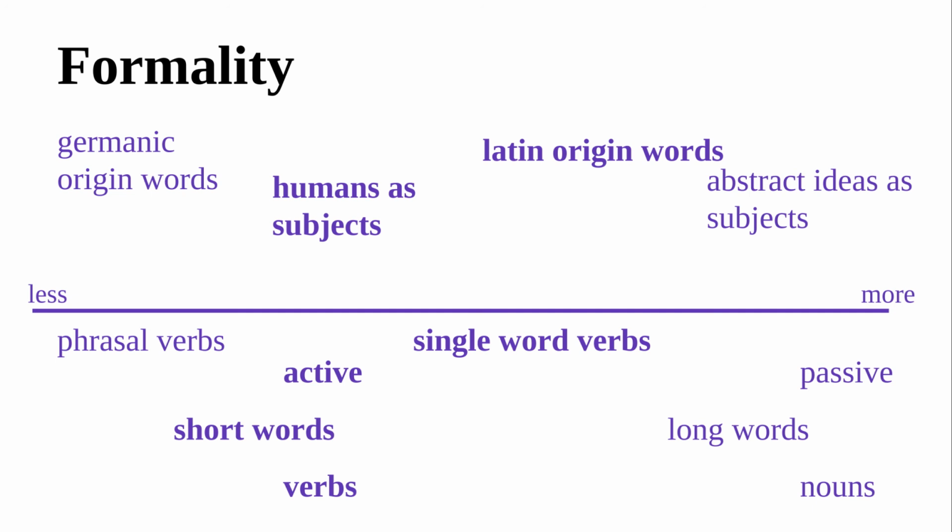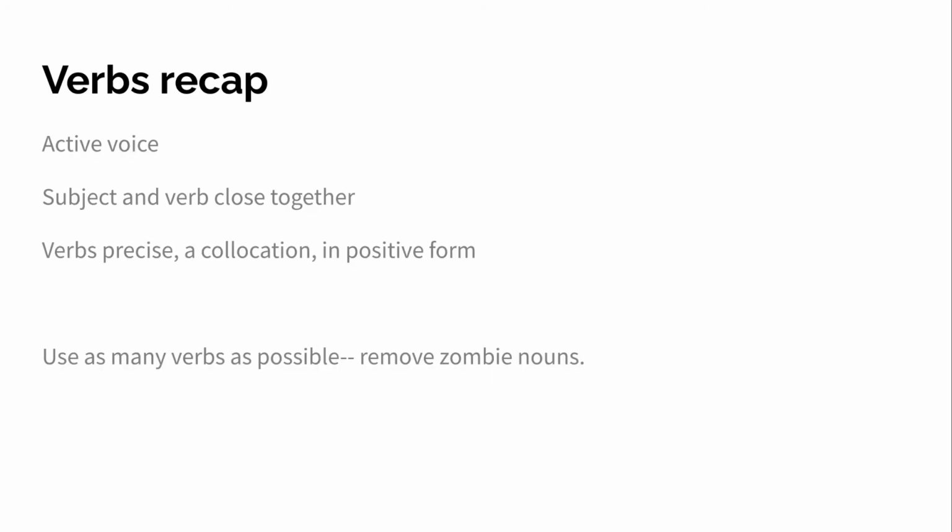Let me recap what we've talked about with verbs in this module. Use verbs in the active voice as much as possible. Keep the subject and verb close together. Make sure that your verbs are precise. Make sure that they belong in a collocation, and make sure that you put them in positive form whenever possible.